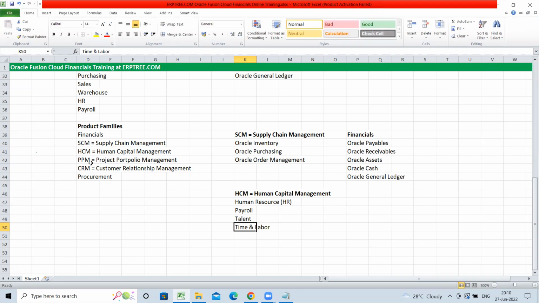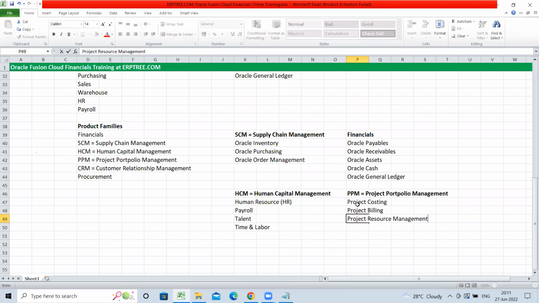When I talk about PPM, project portfolio management, we have applications like project costing. Everywhere you can include the name Oracle: Oracle Project Accounting, Oracle Project Billing, project resource management, project management, and project contracts.